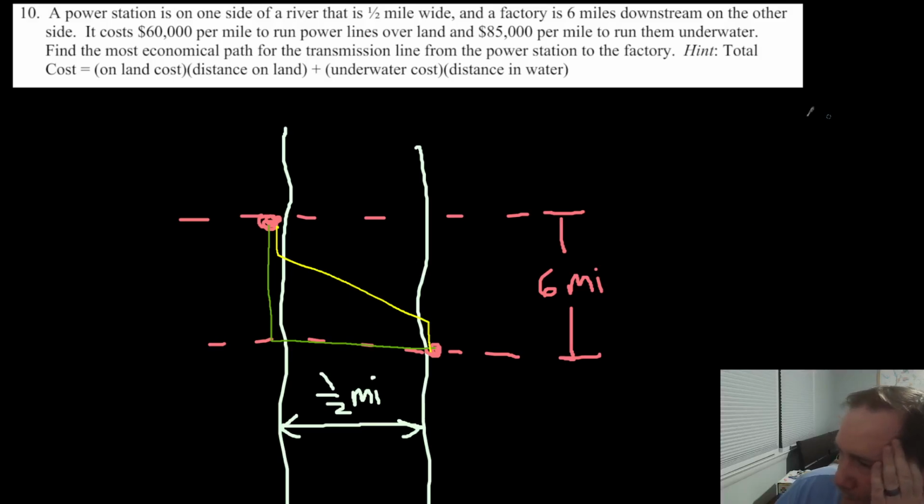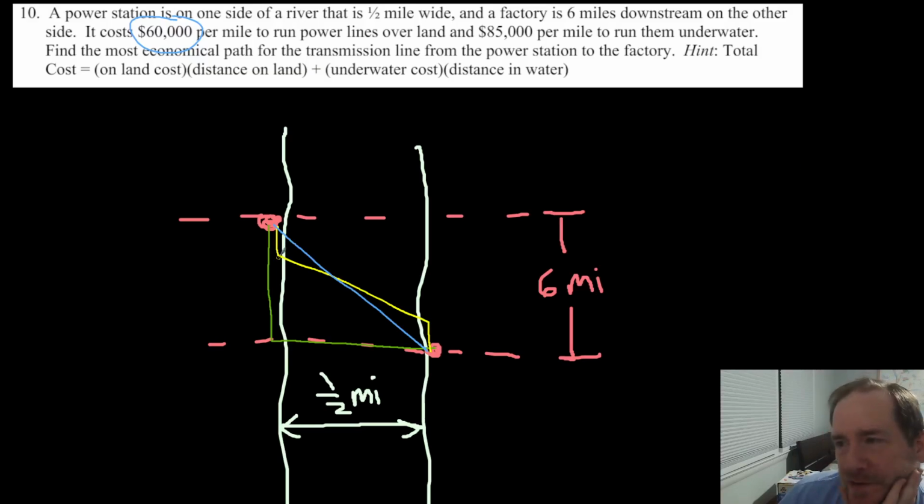Going straight across is the shortest possible trip, but it's the most expensive path. Green is the longest possible trip, but it takes good advantage of the cheaper overland power lines. So how do we model this? I couldn't begin to imagine, and I don't want to.